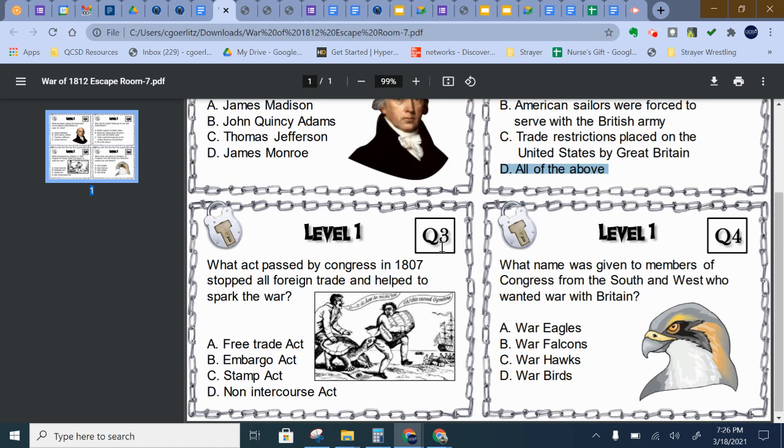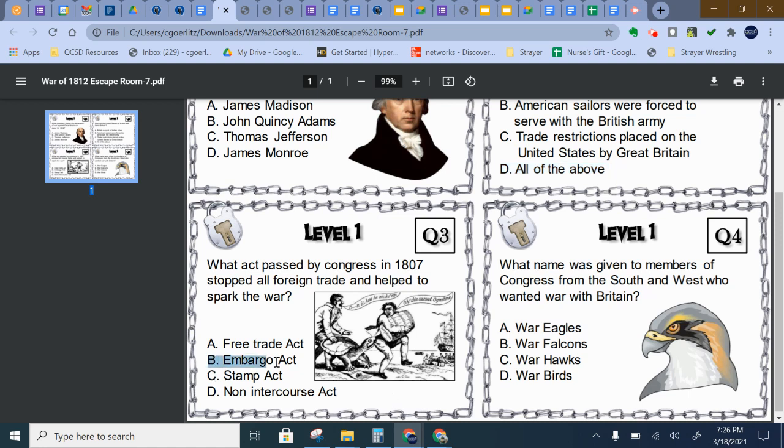For question 3, level 1. What act passed by Congress in 1807 stopped all foreign trade and helped to spark the war? Was it A, Free Trade Act, B, Embargo Act, C, Stamp Act, or D, Non-Intercourse Act?